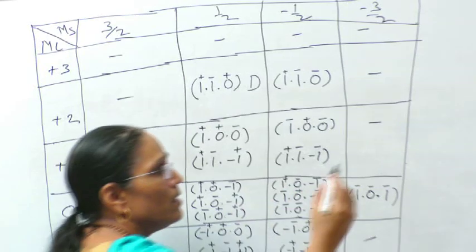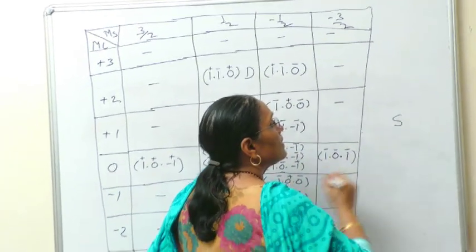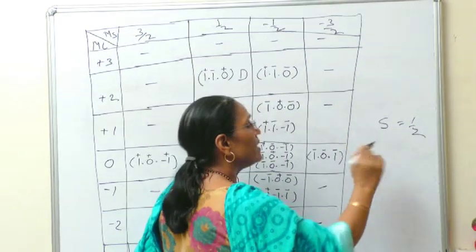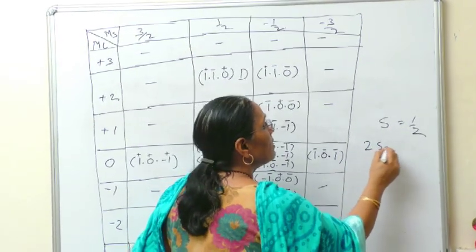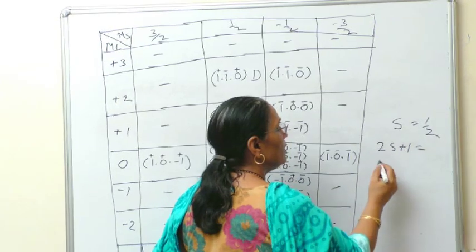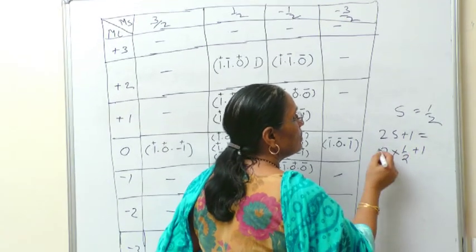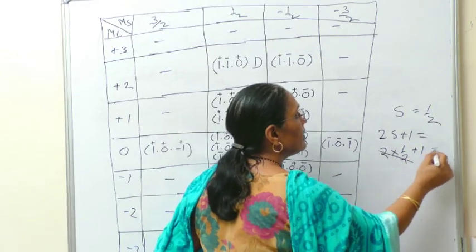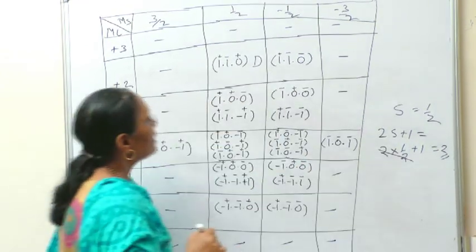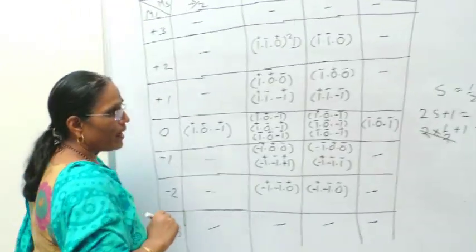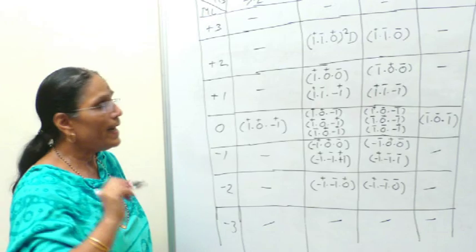When the total spin is 1/2, the multiplicity 2S plus 1 comes to be 2 into 1/2 plus 1, so 2 gets cancelled, 1 plus 1 is equal to 2. So the multiplicity of this term is 2, and this term is called doublet D.